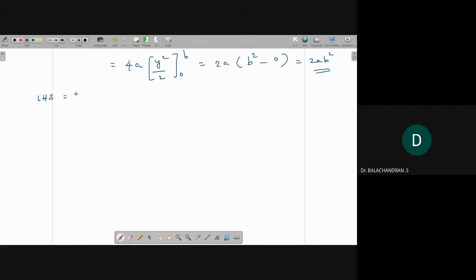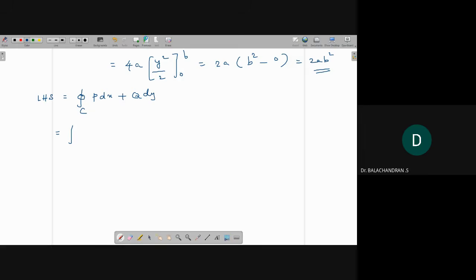Next, the left hand side. We know the statement of Green's theorem tells us the closed integral over C of p dx plus q dy.